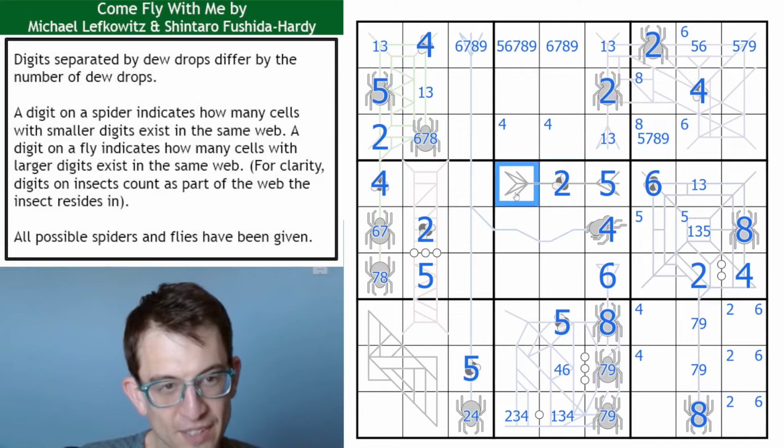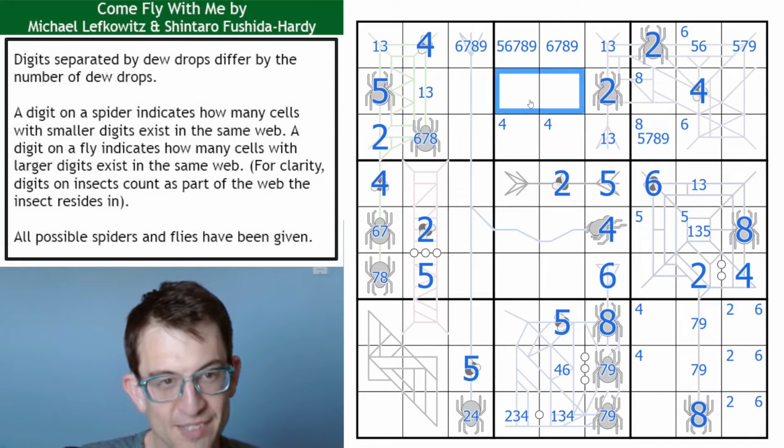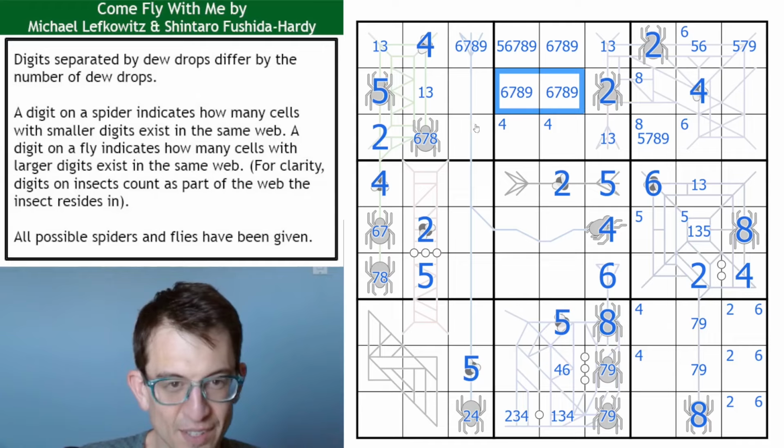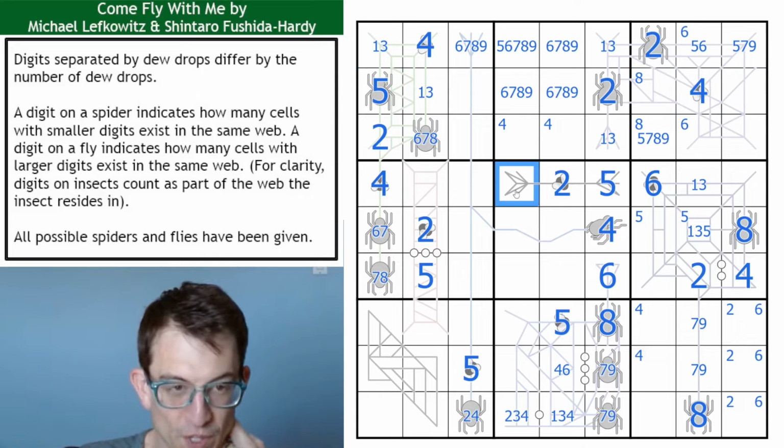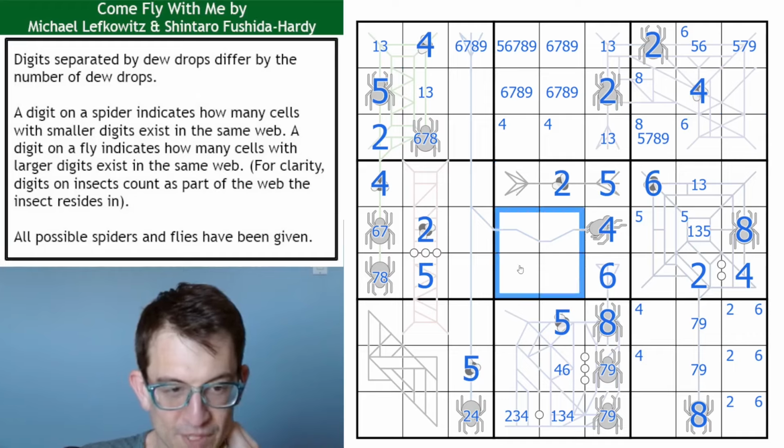4 is in here. And this is 6, 7, 8, 9, I guess. I need another 1 or 3. Oh no, 1, 3 is not there. So this digit is in one of those spots. There's no 1 here. 1 is down here.